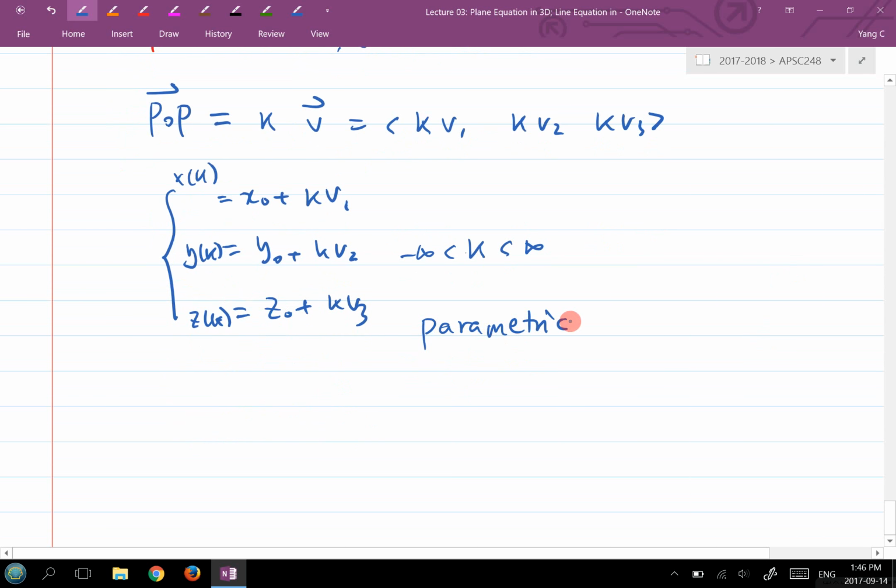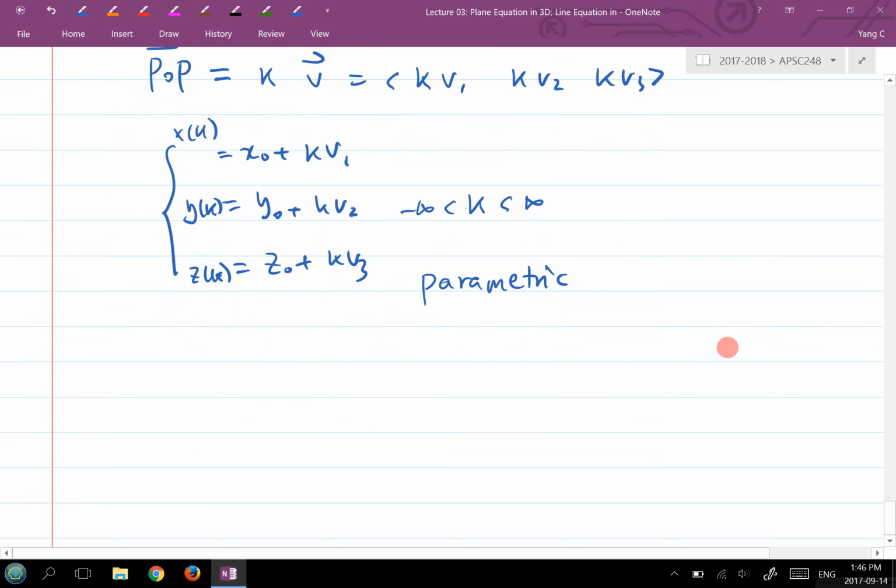Now maybe I will illustrate this parametric equation again.